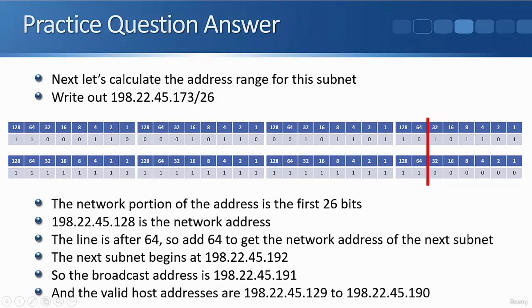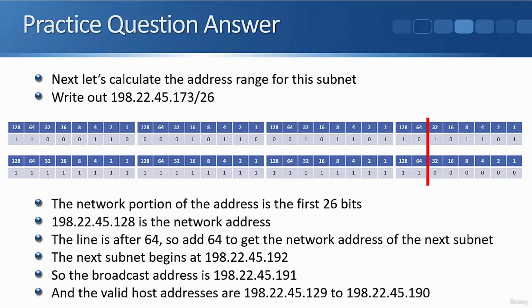So the network portion of the address was .128. 128 plus 63 is going to be 191. So again, the network address is 198.22.45.128. The broadcast address is 198.22.45.191.